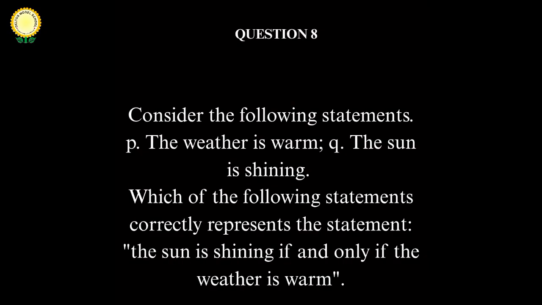Next question. Question 8 says, consider the following statements. P, the first statement, says the weather is warm. Q, the sun is shining. Which of the following correctly represents the statement, the sun is shining if and only if the weather is warm?